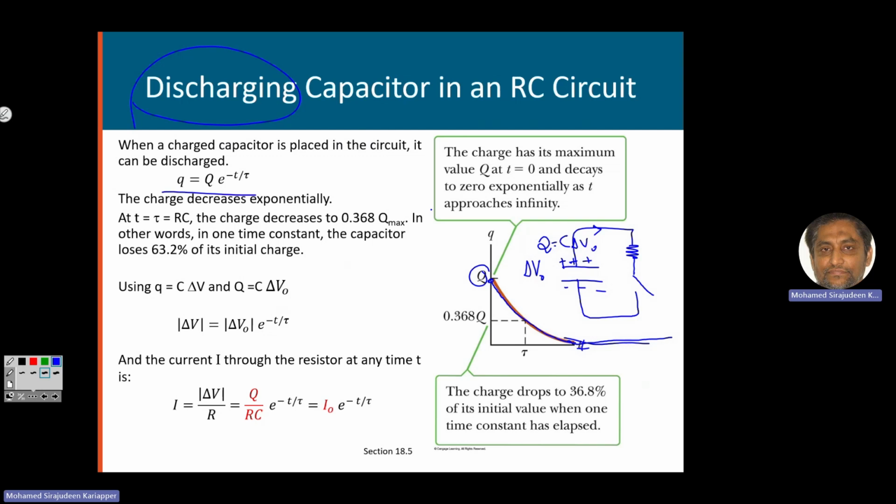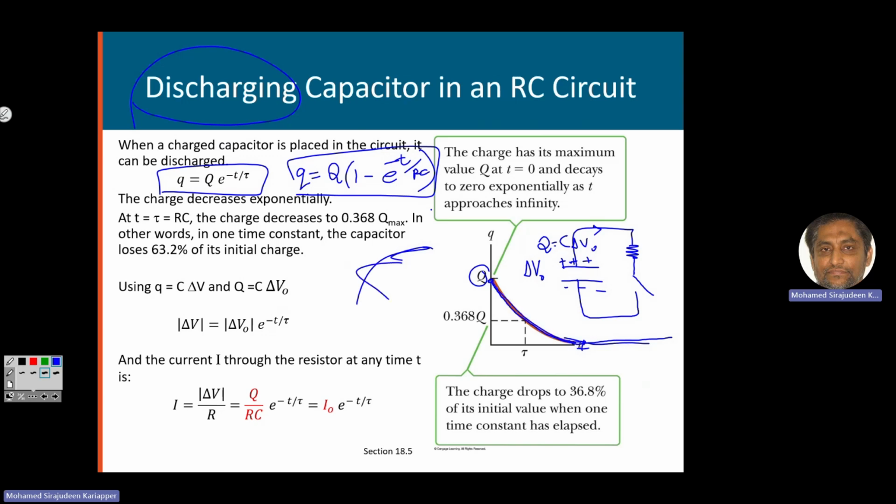The equation is this. Now, don't confuse the equations. We had a different equation for the charge when it is charging. It was like this. This is the equation when charging. But when discharging, there is no 1 minus. The Q as a function of time is not increasing, it is decreasing.